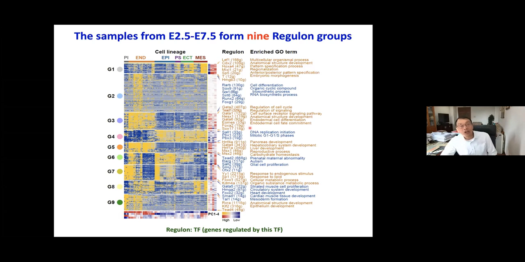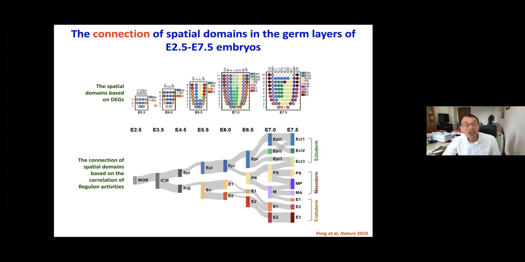If we put all our different stages, 5 different stages, you can see they form different expression domains with the DEG, differential expression genes. By embryonic day 7.5, they have 9 expression domains. So we use this DEG with Regulon activity to connect all the samples together.